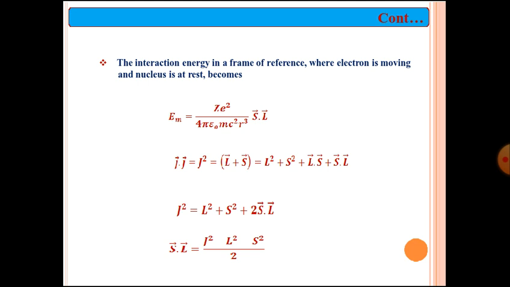Next, J = L + S, so J² = L² + S² + L vector·S vector + S vector·L vector. J² = L² + S² + 2 S vector·L vector. So S vector·L vector = (J² - L² - S²)/2.